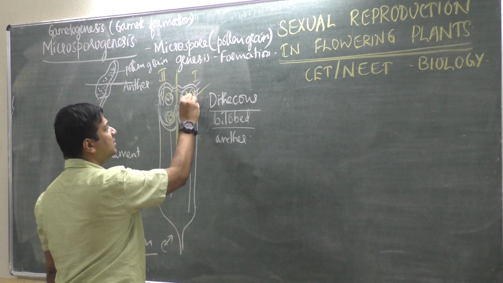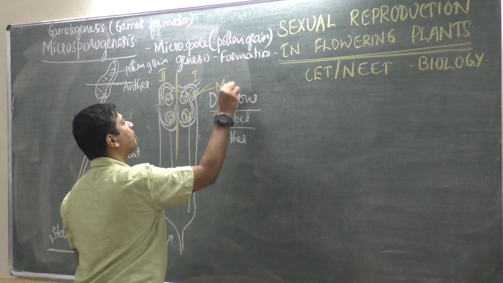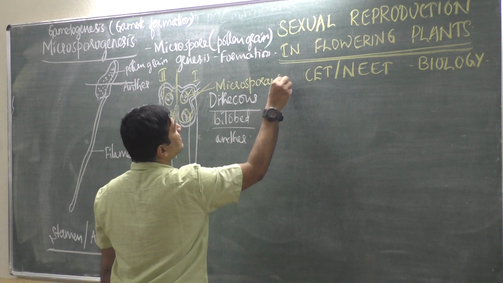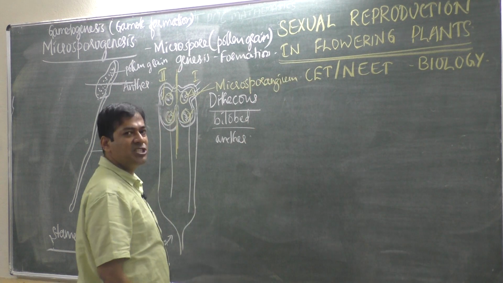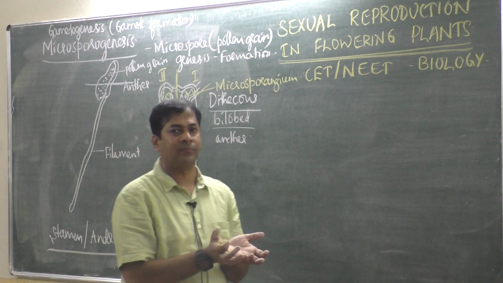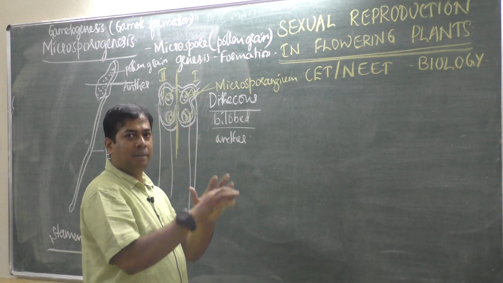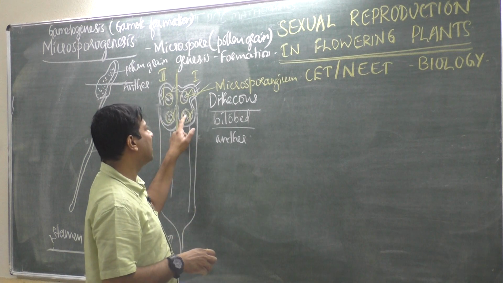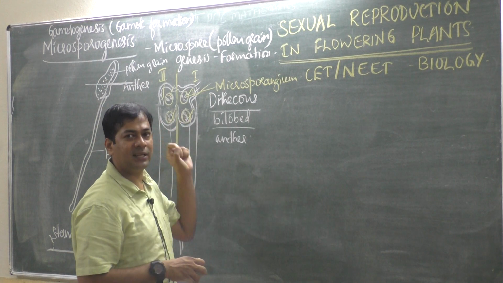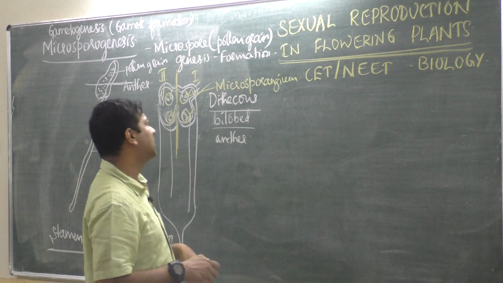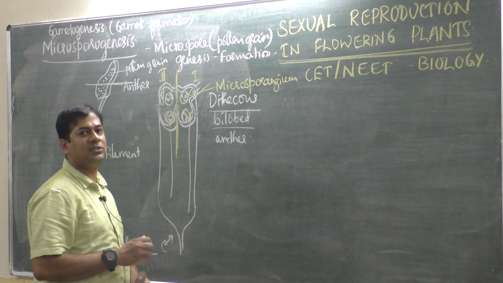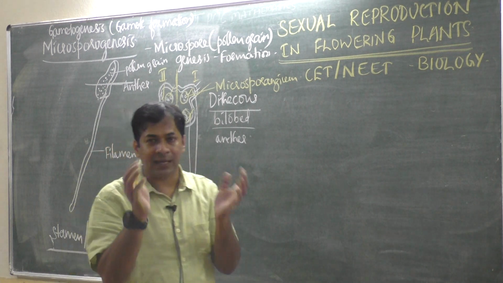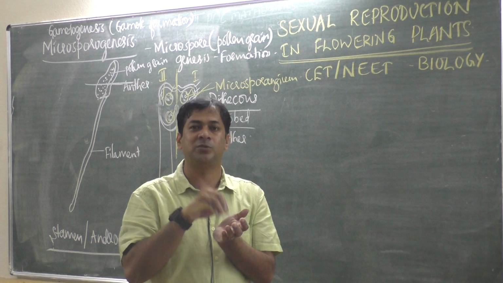What are these structures? These are microsporangia. Angium means bag-like structure. Sporangium means a bag-like structure containing spores. As this bag-like structure contains pollen grains, also called microspores, it is called a microsporangium.